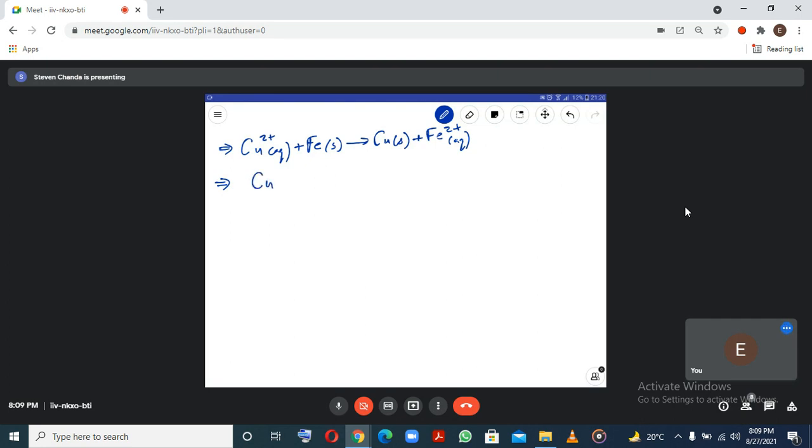We are going to find that copper, then this is going to be for that ion 2.